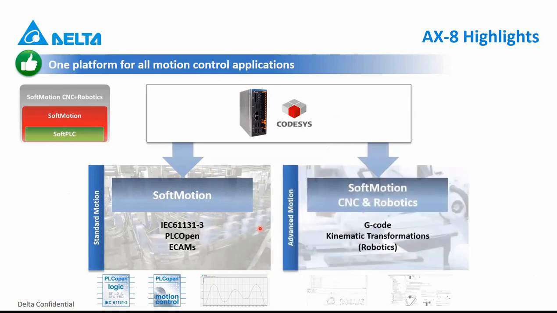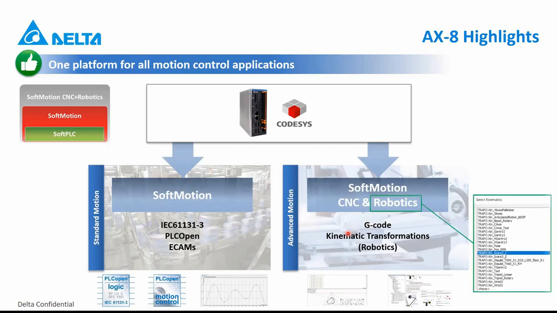You can directly use motion blocks defined by IEC 61131. And for the advanced motion, with the additional license, you can use CNC and robotic applications like G-code or kinematic transformations for robotics. And these are all in one controller. So it is the biggest advantage indeed.